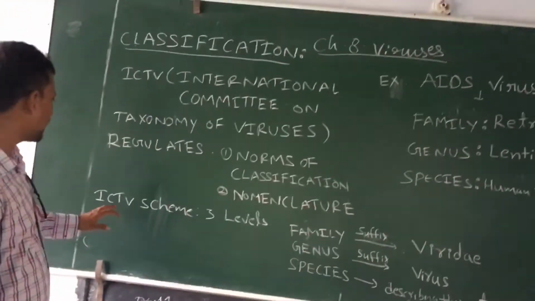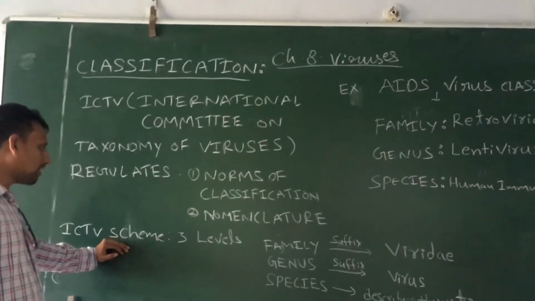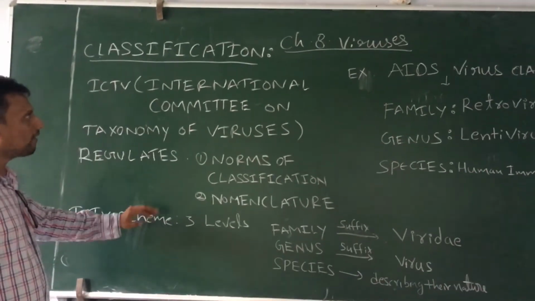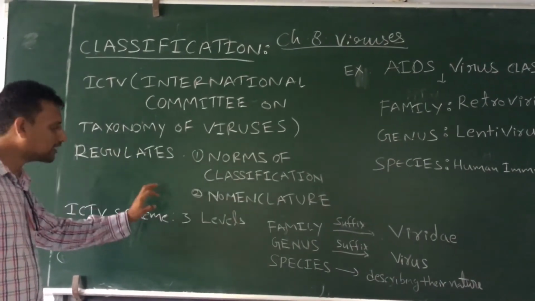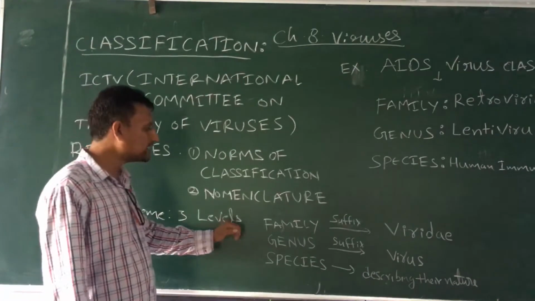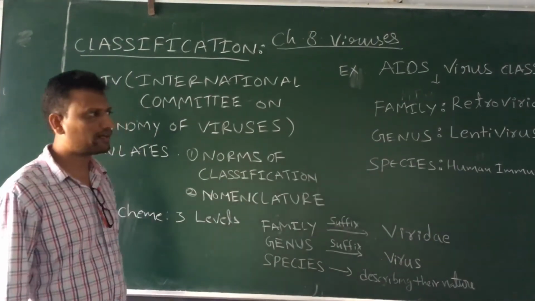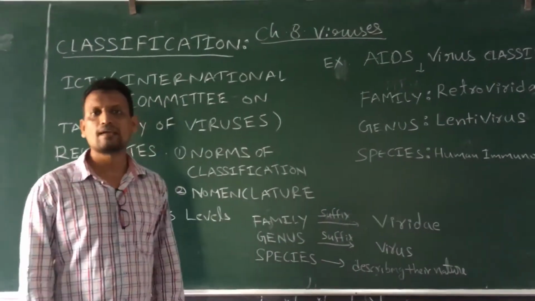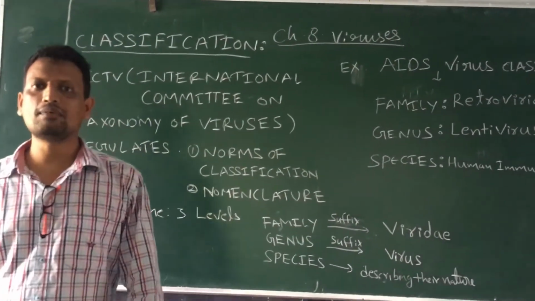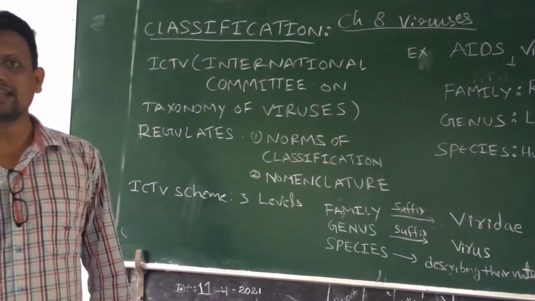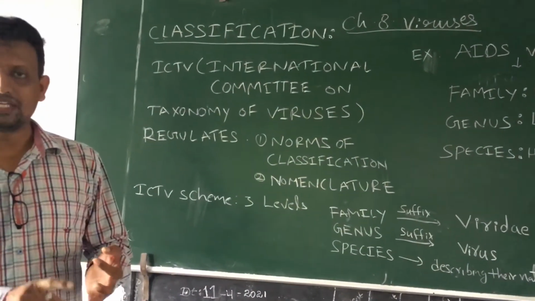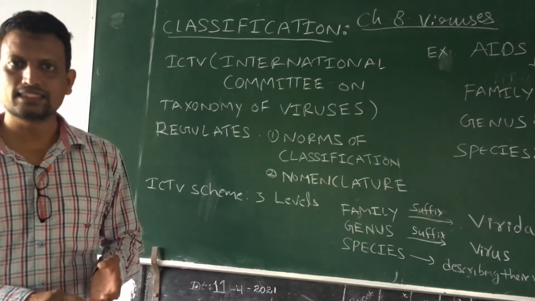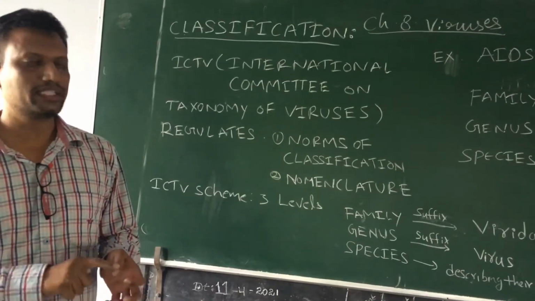So let us see. According to the ICTV scheme, in virus classification or taxonomy, there are only three taxon levels: family, genus and species. But what about general plant and animal taxonomy? How many taxons are there? Kingdom, division, class, order, family, genus, species.